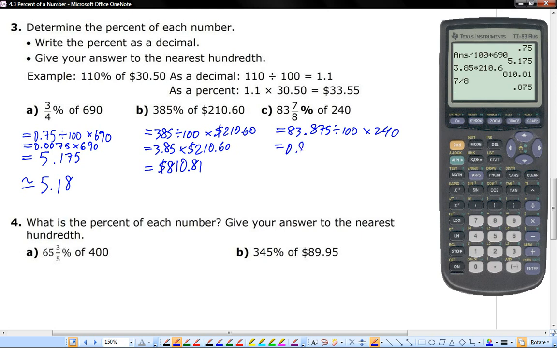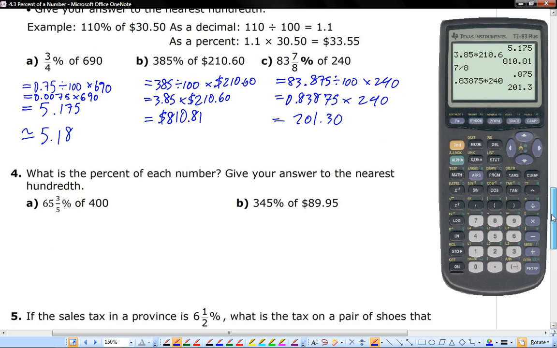So 0.83875 is what we're multiplying by 240. 0.83875 multiplied by 240 gives you 201.3. You can write the 0 to have your hundredth place value, but it's not totally necessary.